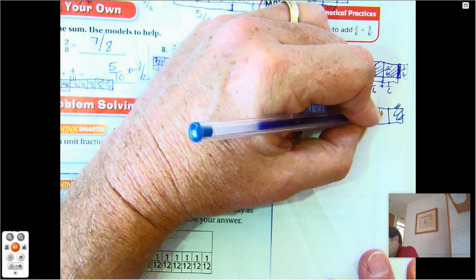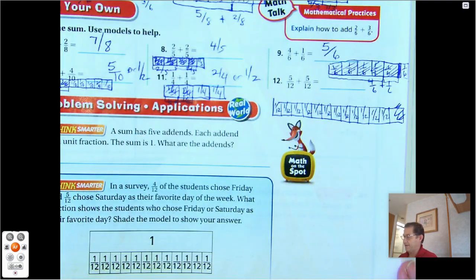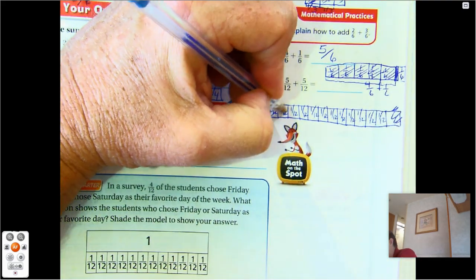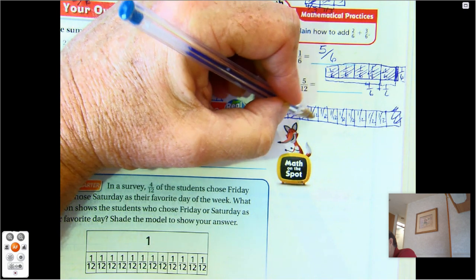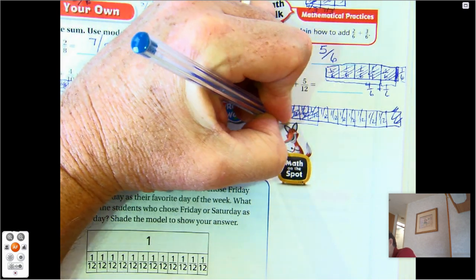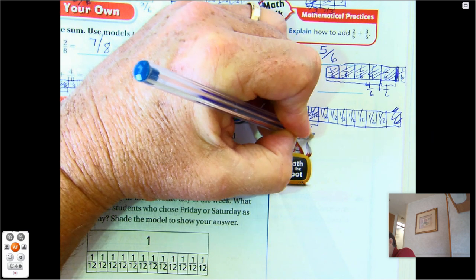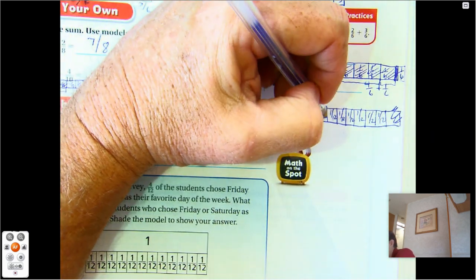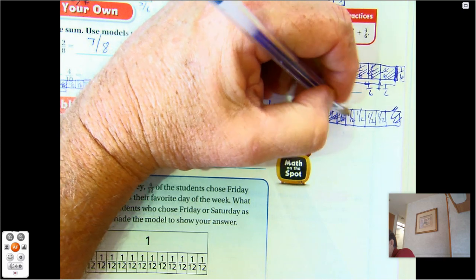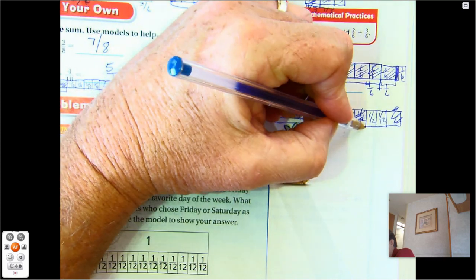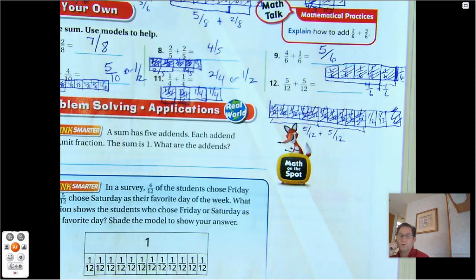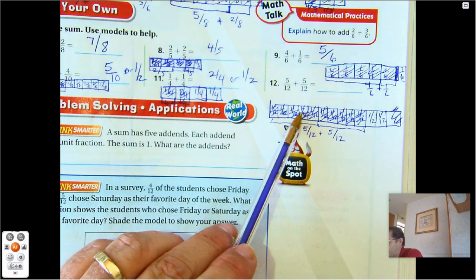Okay, and the first section is 5 of the 12. 1, 2, 3, 4, 5. That's 5/12. And then we're going to add 5 more 12ths to it. So how many total 12 size pieces do we have? We have 1, 2, 3, 4, 5, 6, 7, 8, 9, 10. And 5 and 5 is 10.